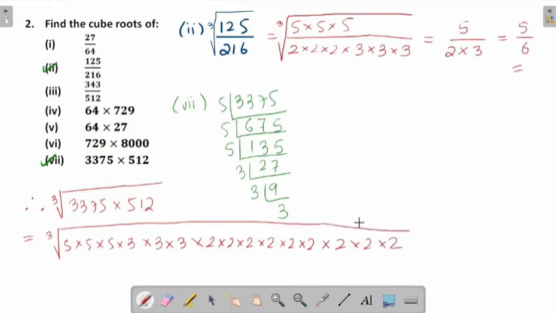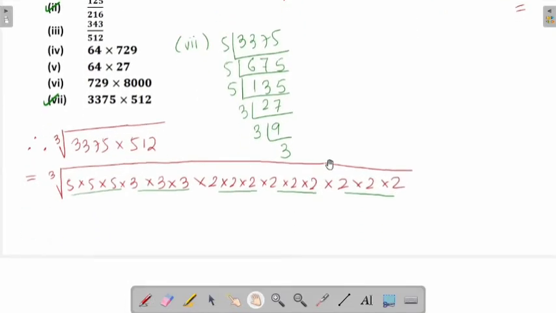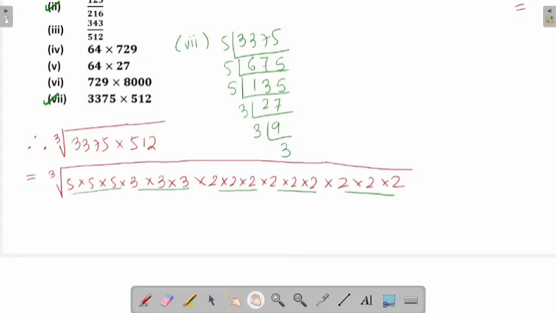Now next we have to form the groups of 3 numbers. So we have this much, this much, this and this. Instead of these 3 I'll write 1, instead of these 3 I'll write 1, and similarly for the others.